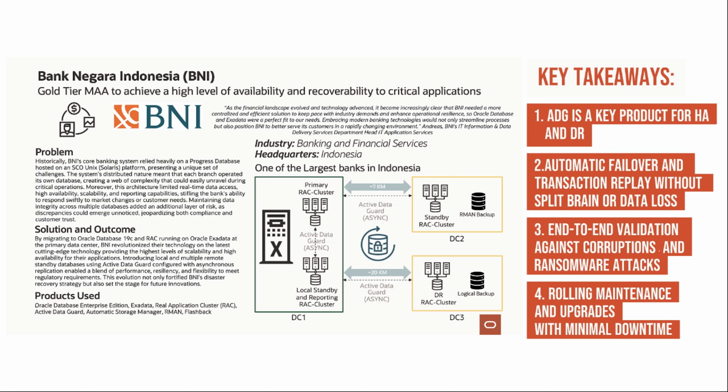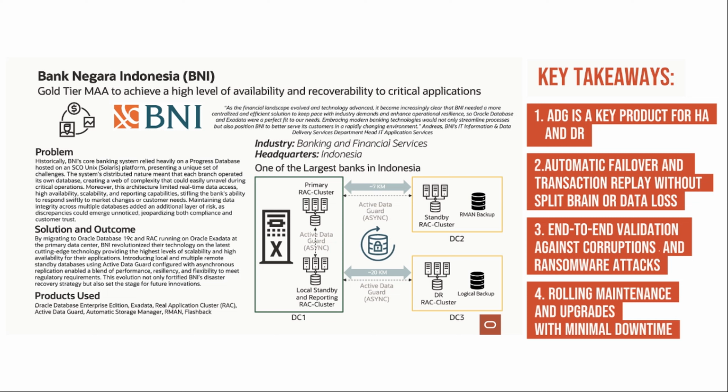You can also use your standby database with Active Data Guard for rolling maintenance and upgrades with minimal or no downtime at all. You are basically able to upgrade or perform the maintenance on your standby database first, then do a switchover, and then do the upgrade or maintenance on your old primary, and vice versa.